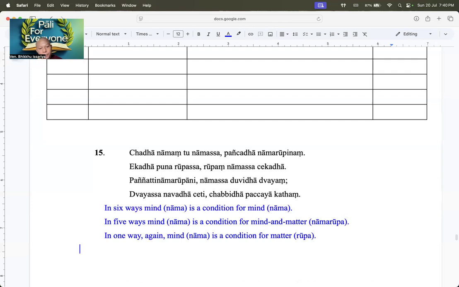And then in one way, matter, rupa, is a condition for mind.